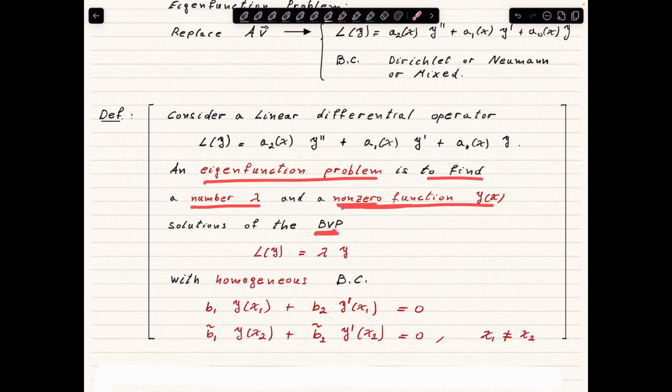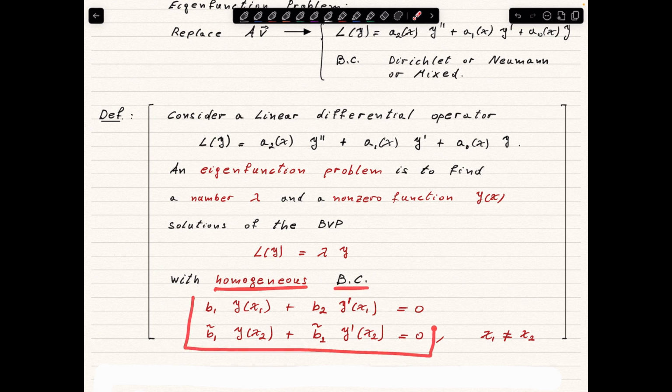of a boundary value problem that contains the differential equation, the operator acting on a function being proportional to the same function, subject to homogeneous boundary conditions, which are boundary conditions like in the previous theorem, but they are homogeneous because the right hand side is 0.